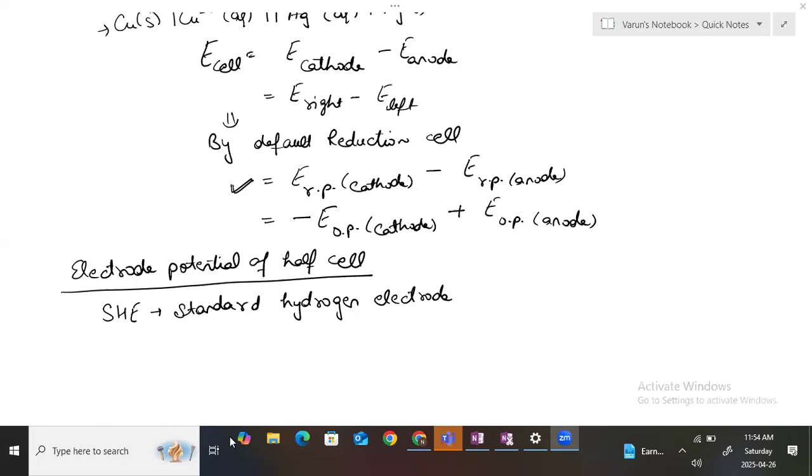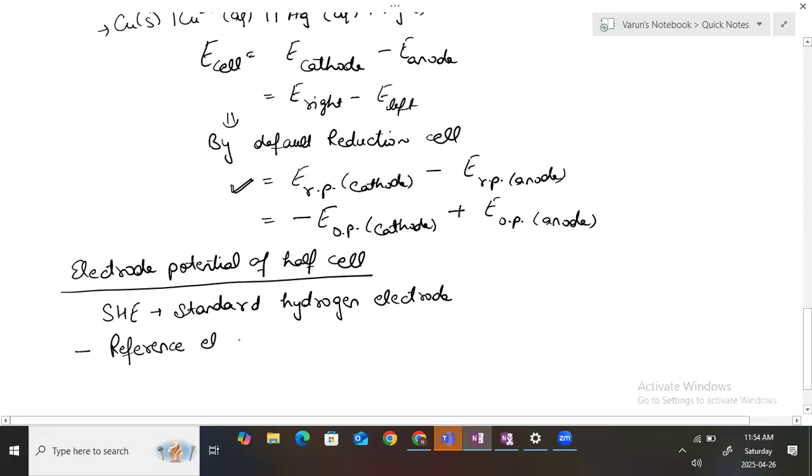Why do we use the hydrogen electrode as the reference electrode? In SHE, we consider the hydrogen electrode as the reference electrode.